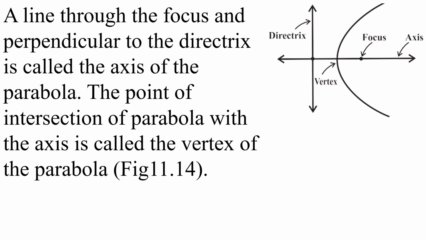Please observe figure 11.13, my dear children. This is the line through the focus and perpendicular to the directrix. Then this line is said to be the axis of the parabola.